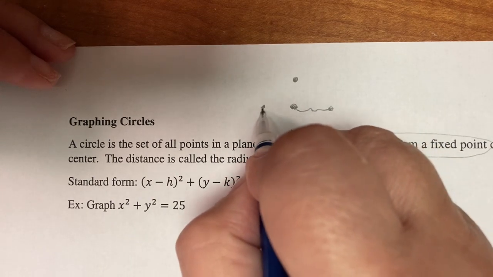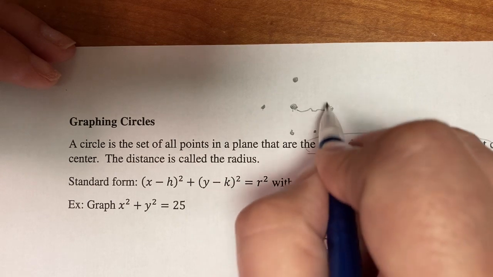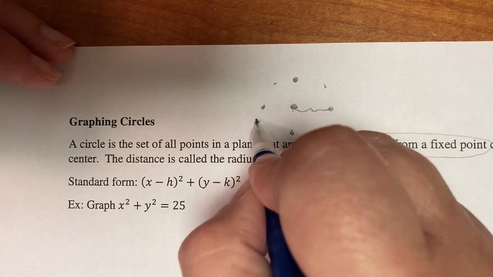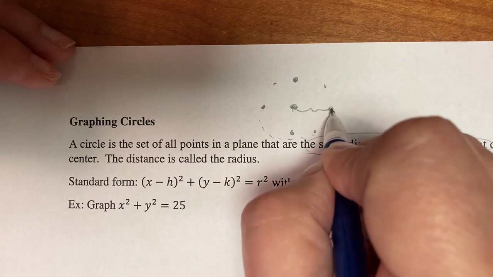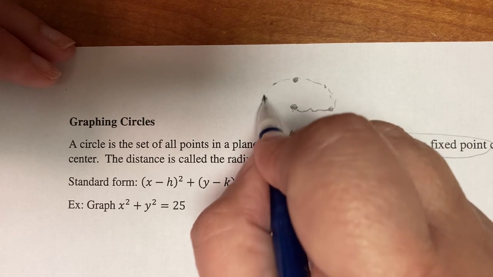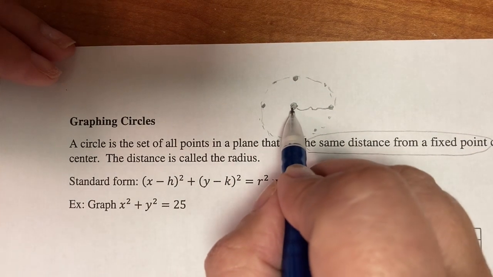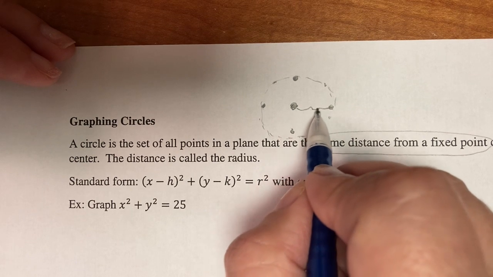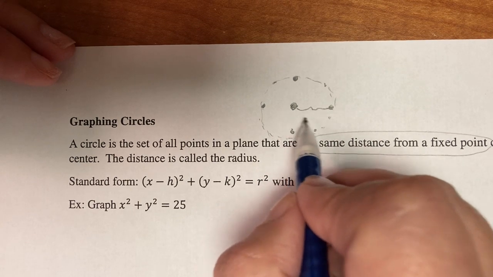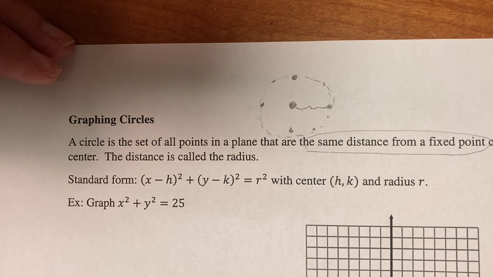So these are all the same distance from this original fixed point. And maybe another point, and another point, and another point. And if I do all of the points that are that exact same distance from that original fixed point, it's going to form a circle. That fixed point is the center, and that distance that I've chosen is simply the radius of the circle. So that's all that definition means.